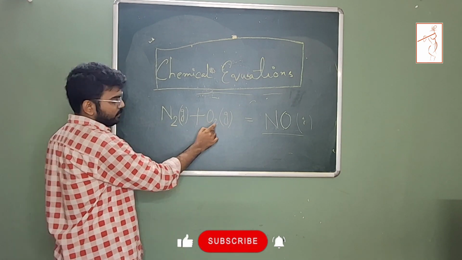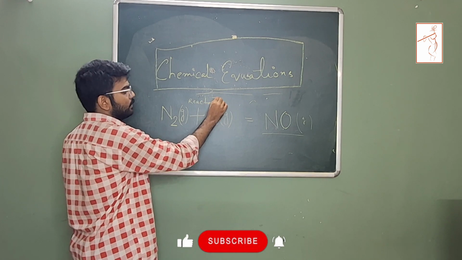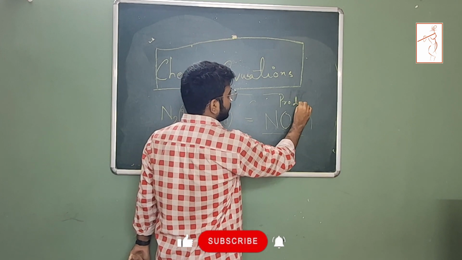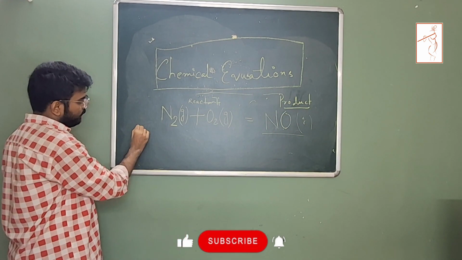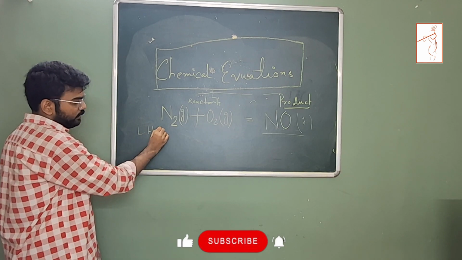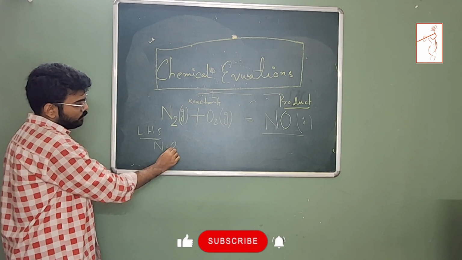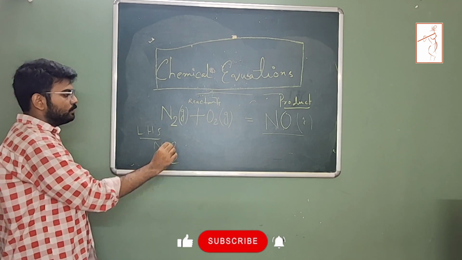Here these are the reactants, and this is the product. In the left-hand side, what we see, there are 2 nitrogens and 2 oxygens.